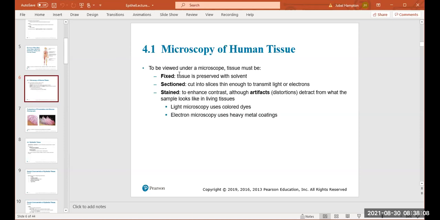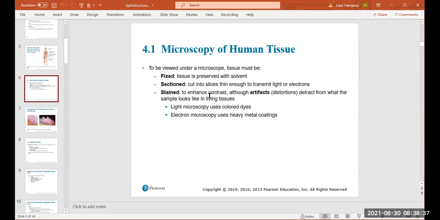Remember that under the microscope, tissue is going to be fixed with a solvent. Fixation is mummification. You're mummifying a tissue because this tissue will be preserved in a paraffin block. And these paraffin blocks will be sectioned and cut into very thin slices to transmit light or electrons, depending on the process it's undergoing.